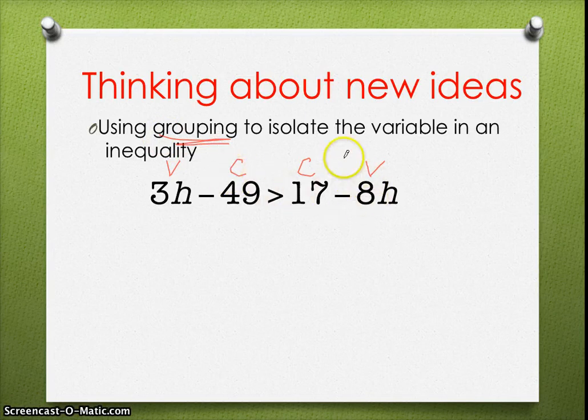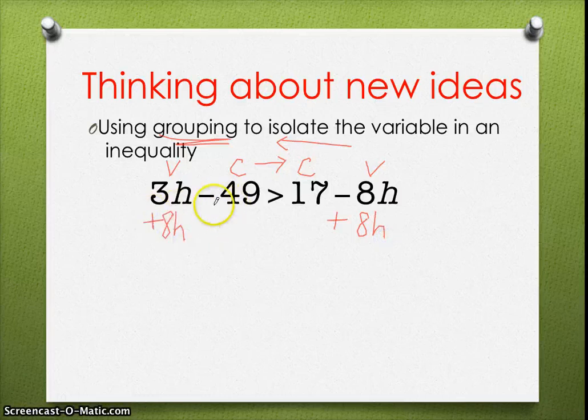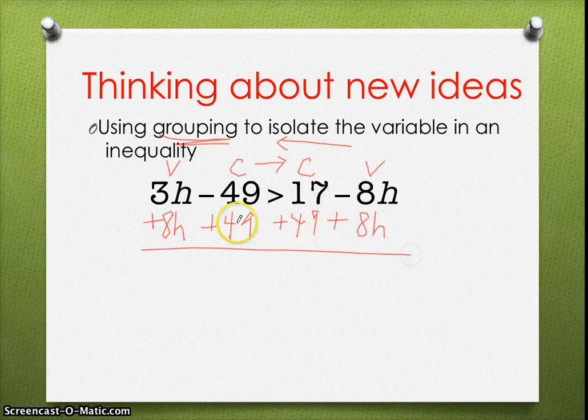So let's decide we want to bring our variables to the left. So then we want to move our constants to the right. Subtracting an 8h, the opposite would be to add the 8h to both sides. Since we are subtracting a 49, we want to add a 49 to both sides. And if we want to reduce all our terms, these cancel out.